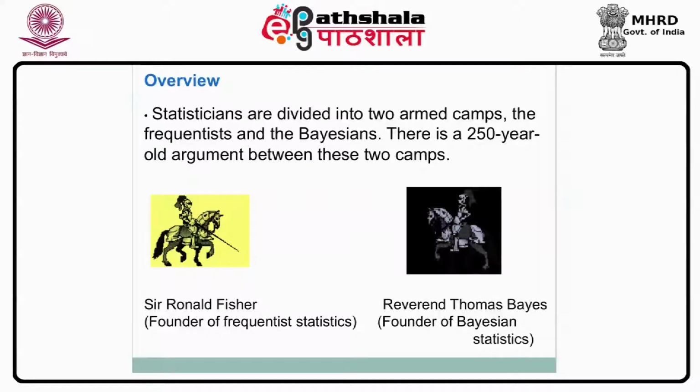So there is a tussle going on between the Bayesians and the frequentists, but it is good news that recently both the frequentists and Bayesians are coming to merge their opinions, so that ultimately a reconciliation is expected to come in future.